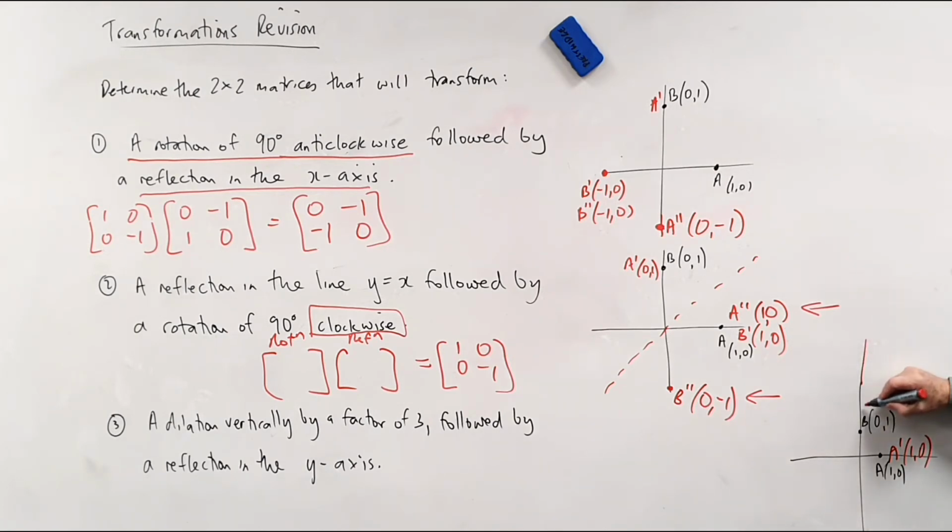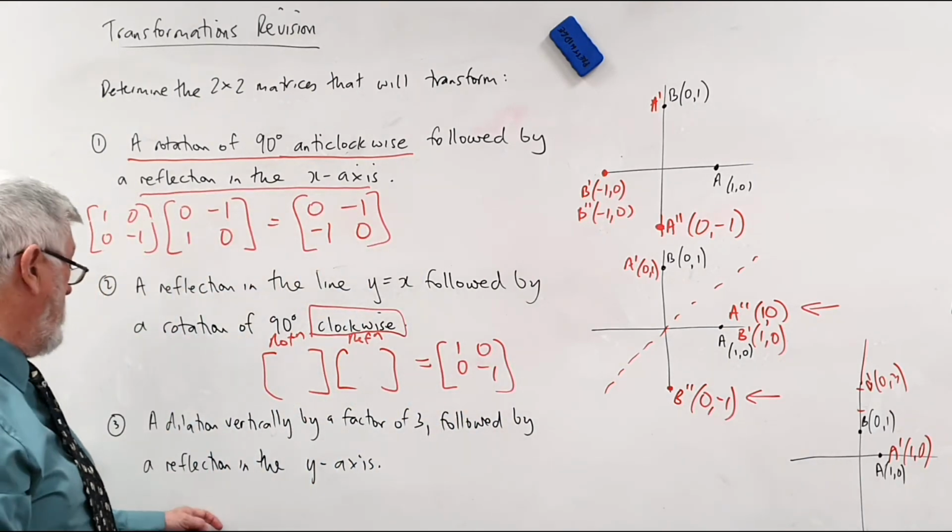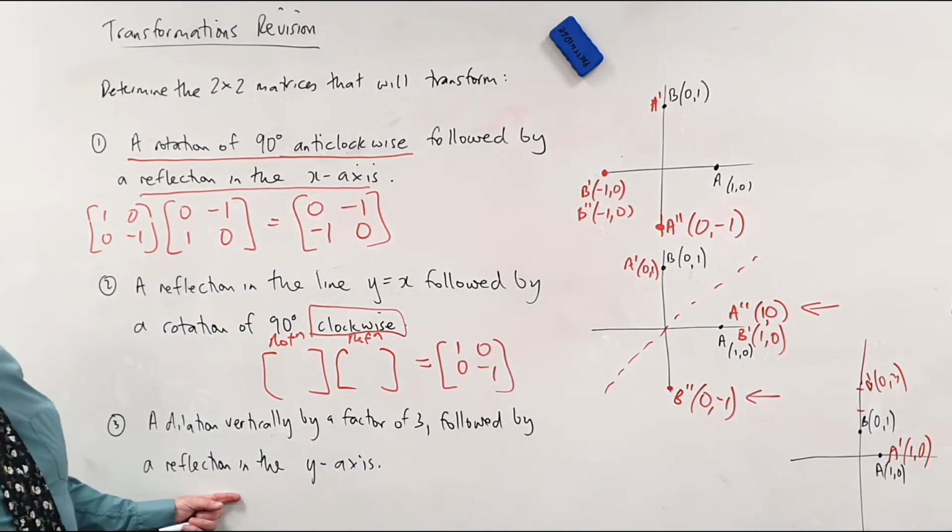So I'd have to get my diagram up here, 1, 2, 3. There's B dash, which is 0, 3. You could have written that down as 1, 0, 0, 3, couldn't you? The 3 there is a dilation by a factor of 3, and then followed by reflection in the y-axis.